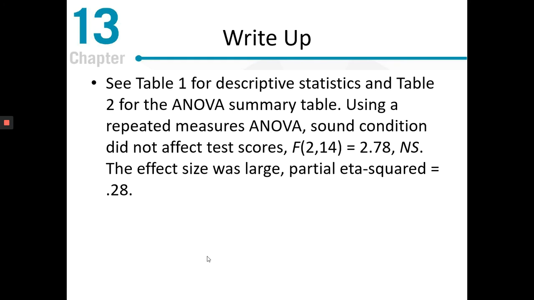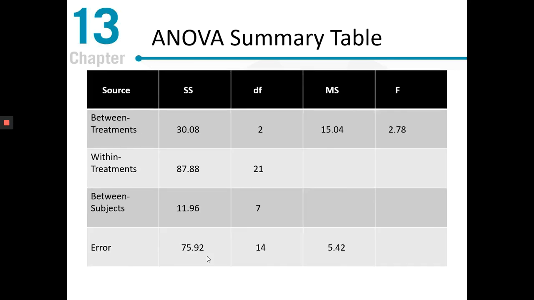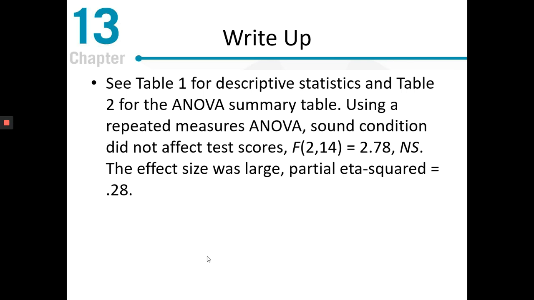We write it up. It's pretty short because when you have a non-significant finding, it's really short. So we have our table 1, we have our table 2. You can double check those things. And then all we say is, after we refer to the tables, we say, okay, we did a repeated measures ANOVA, and the IV did not affect the DV. So it was not significant.